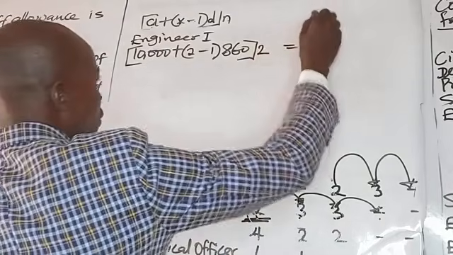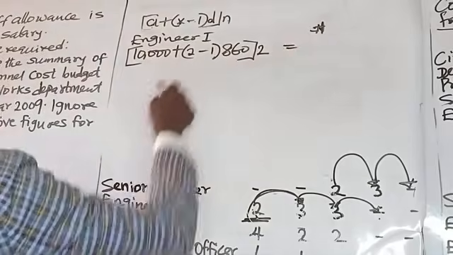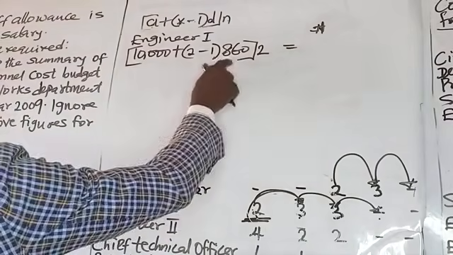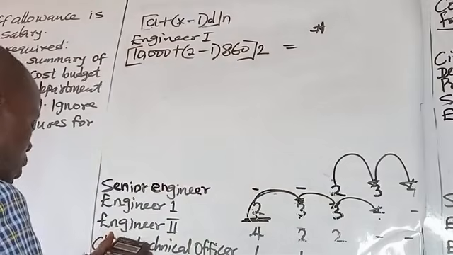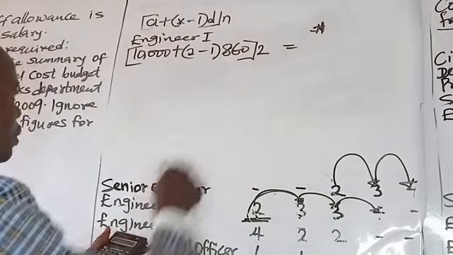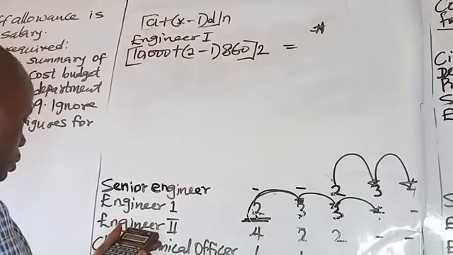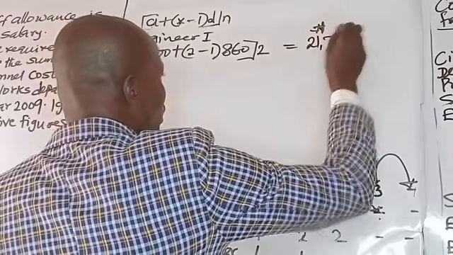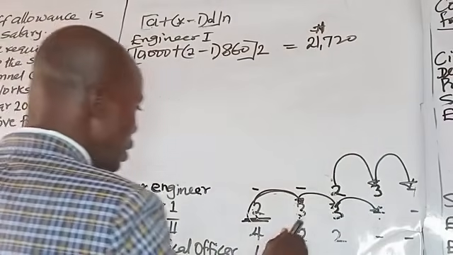So we have 2 minus 1, that is 1. 1 times 860, 860. 860 plus 10,000 is 10,860 times 2. That is 21,720.